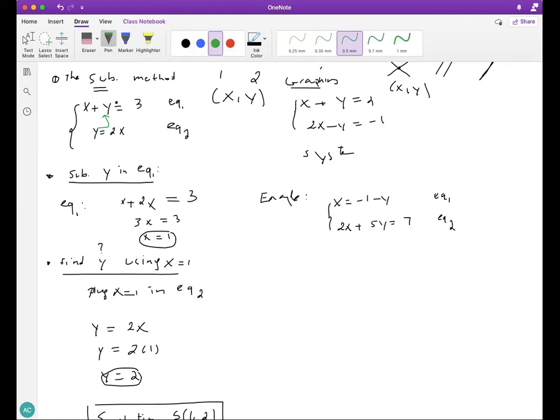We look for the variable that's by itself, and we plug it into the other equation. In this system, which variable is just by itself? We'll see x is already by itself.